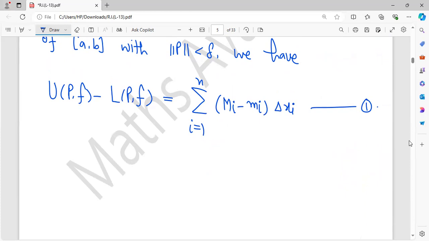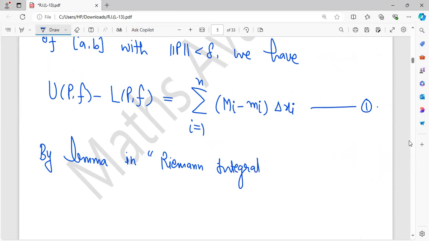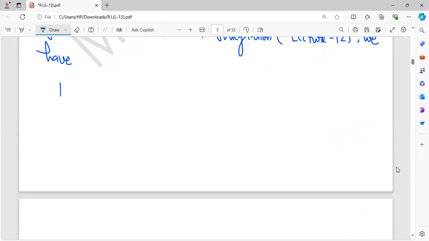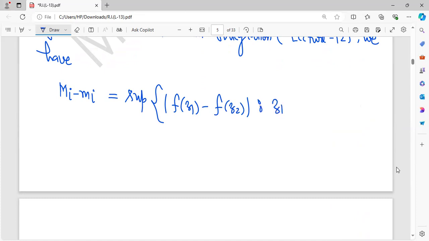We know that Mi minus mi, by the lemma in Riemann integration, lecture 12, is equal to the supremum of f(z1) minus f(z2), where z1, z2 belong to [x_{i-1}, x_i].